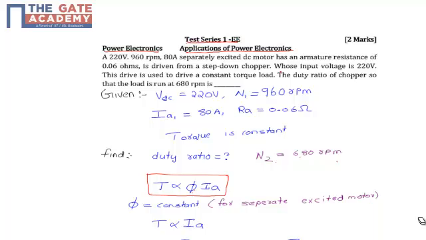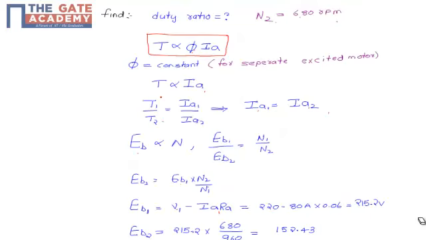For a separately excited DC motor, the value of flux is constant, so torque is directly proportional to the armature current. So T1 by T2 is equal to Ia1 by Ia2, and since torque is constant, T1 by T2 is 1. So we can write armature current Ia1 is equal to armature current Ia2.